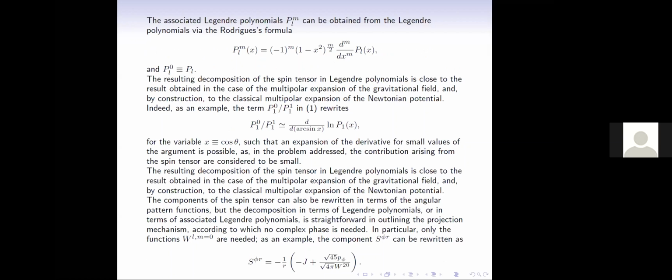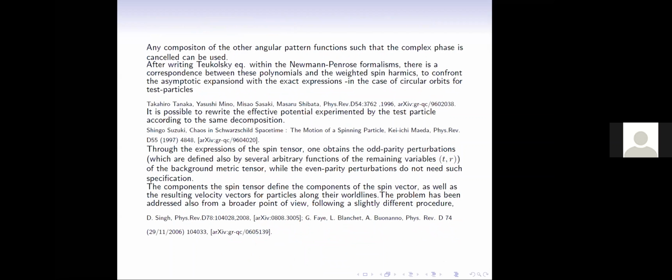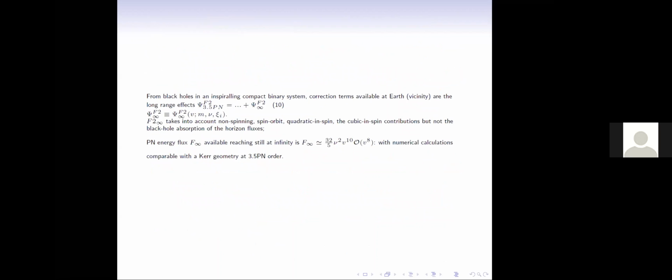But in particular, there is also the Newman-Penrose formalism, which allows to describe the component of the gravitational effects due to the celestial bodies which can arrive in Earth-based experiments, and they are named psi 2, which, if you cannot see my pointer, is indicated after equation number 10.